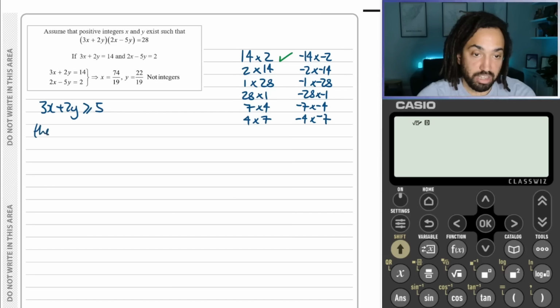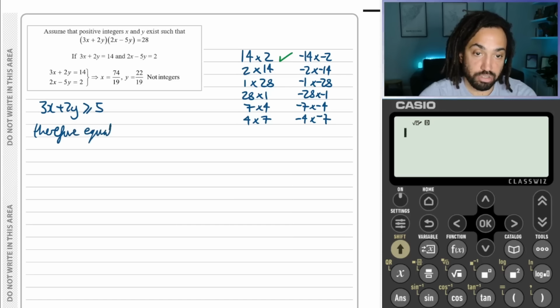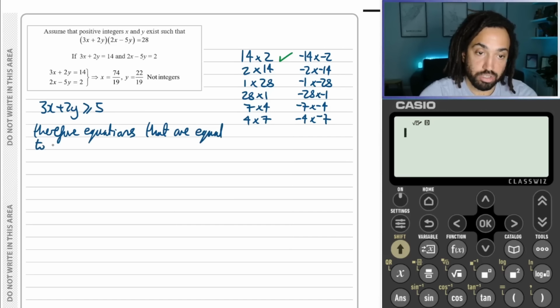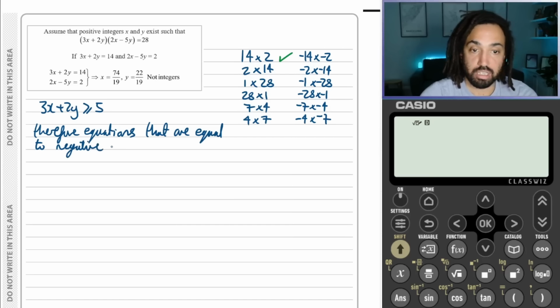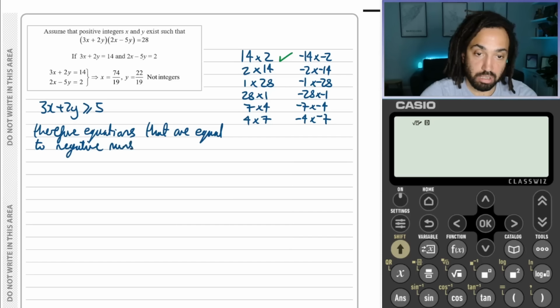So then we can say, therefore, the equations that are equal to negative numbers are impossible.